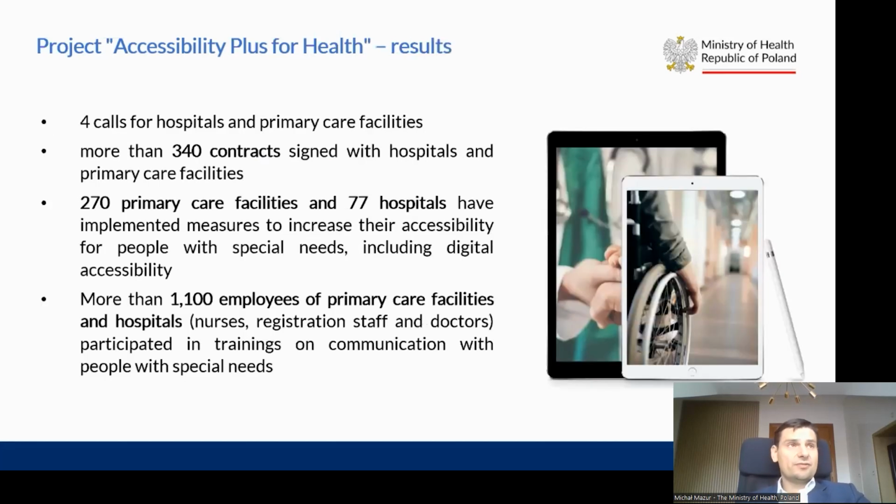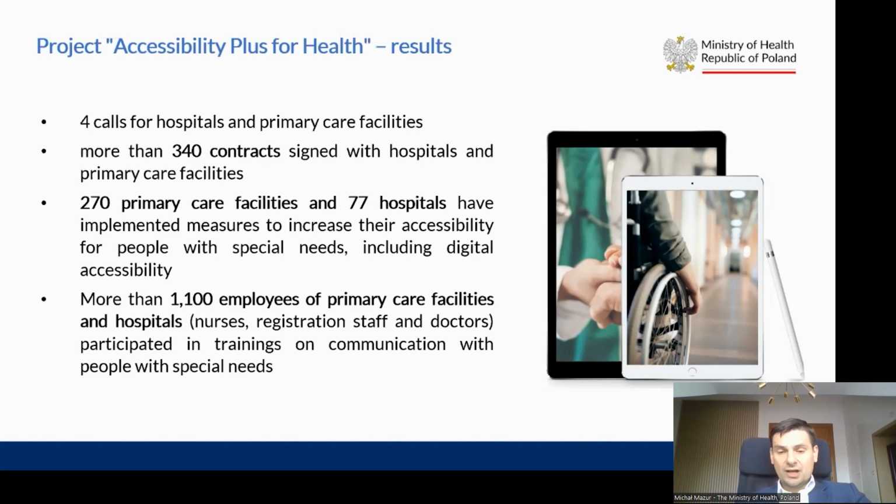And what are the results of project Accessibility Plus for Health? It's 4 calls for hospitals and primary care facilities, more than 340 contracts signed with hospitals and primary care facilities, 270 primary care facilities and 77 hospitals have implemented measures to increase their accessibility for people with special needs, including digital accessibility.